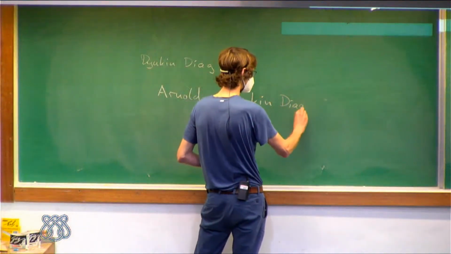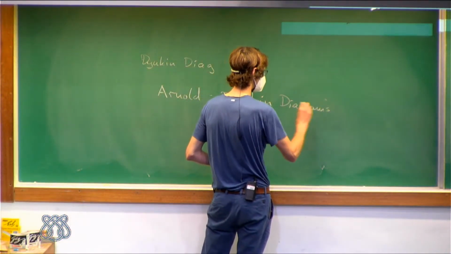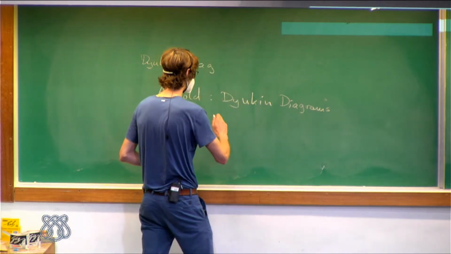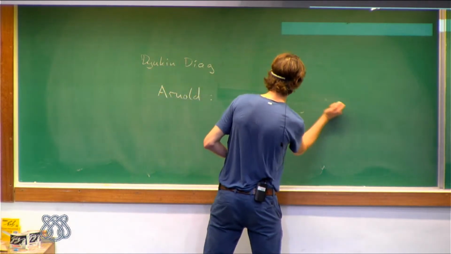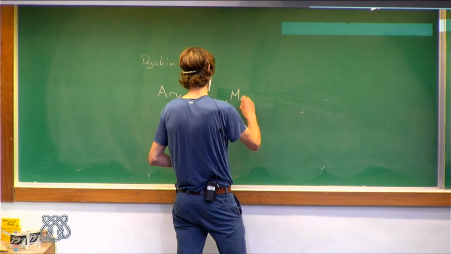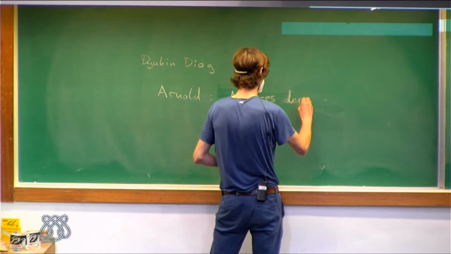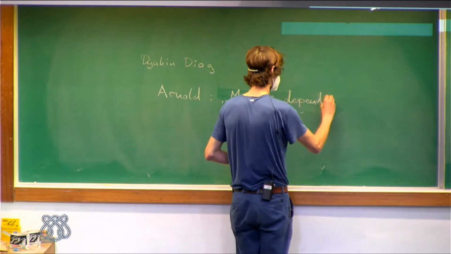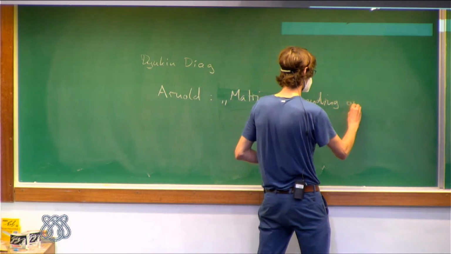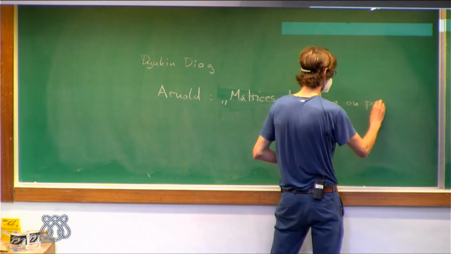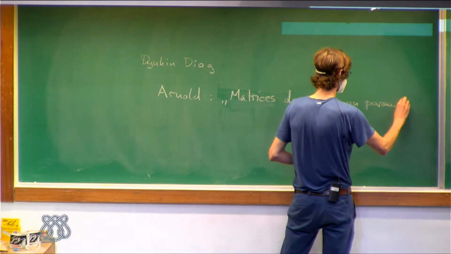So this was Dynkin diagrams of matrices? No. The name is matrices depending on parameters. Ah, yes. Okay. And this shows that this map modulo the Weyl group is related to the map of the eigenvalues of the matrix to the coefficients of the characteristic polynomial.